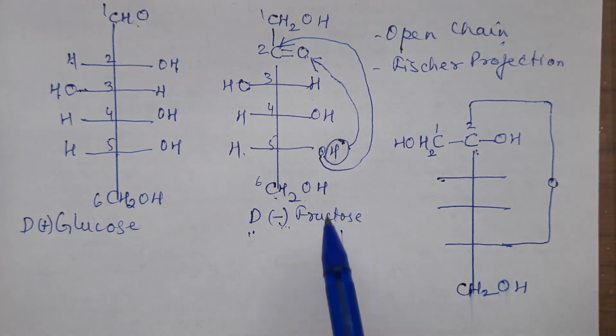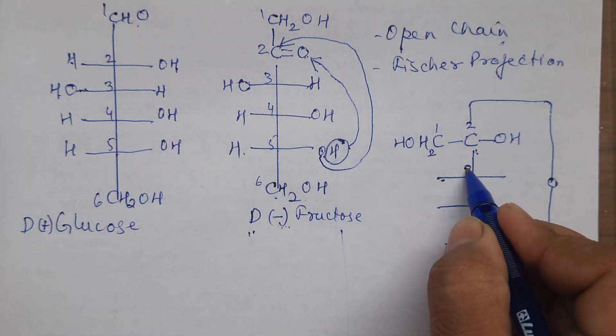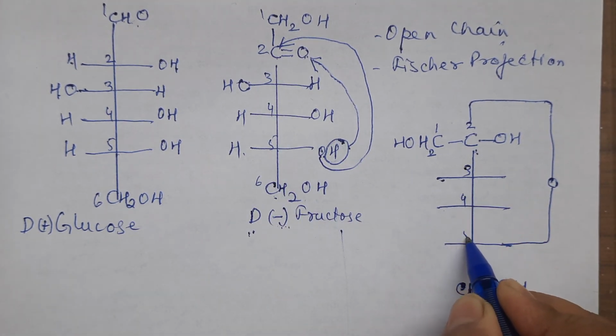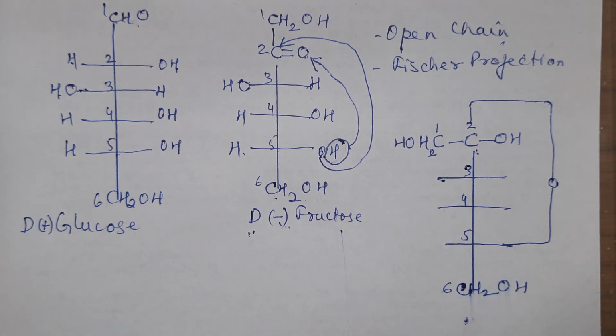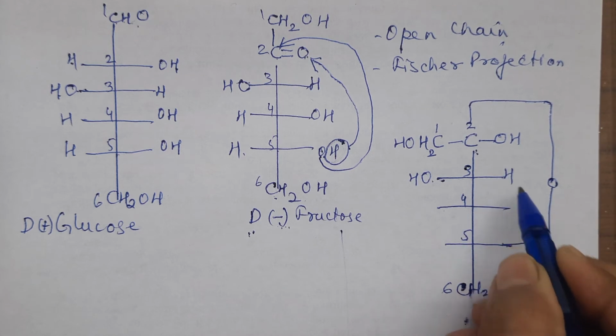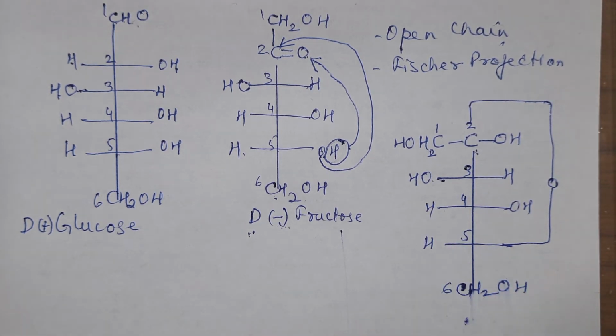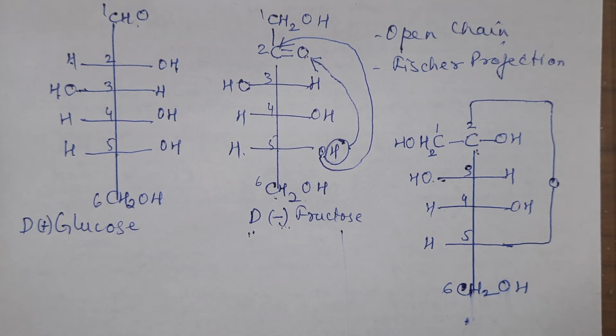Did you follow that? This O I have attached to the second carbon atom from the top. This is as such third carbon atom, fourth carbon atom, fifth carbon atom and sixth carbon atom. On the third carbon atom, OH on the left. H, OH, H and H. This is the cyclic structure. This is the cyclic structure of fructose.